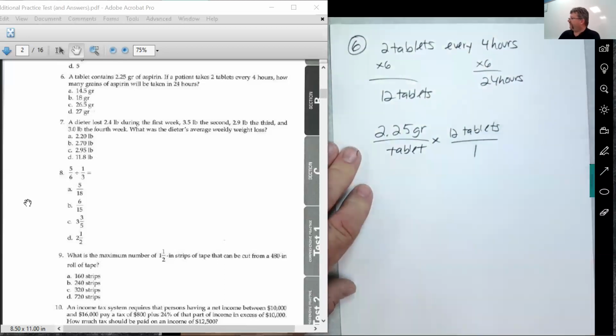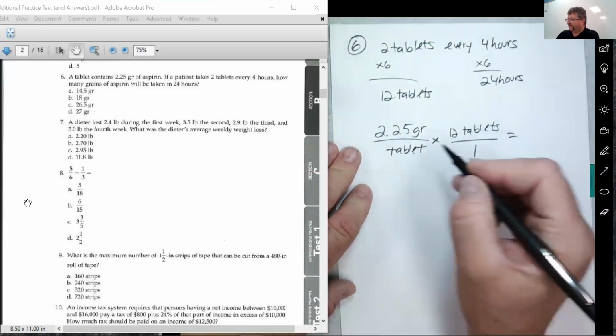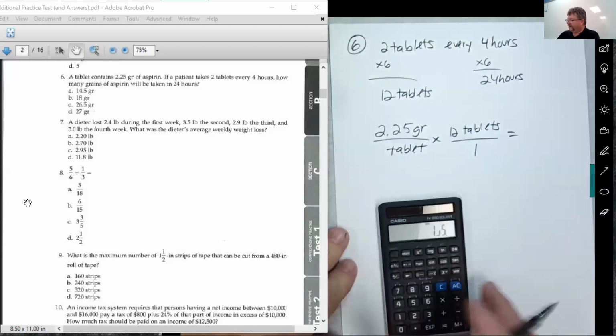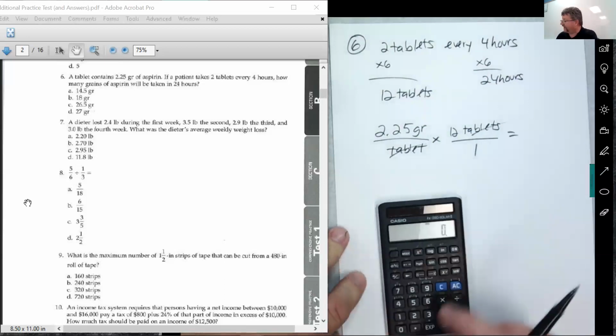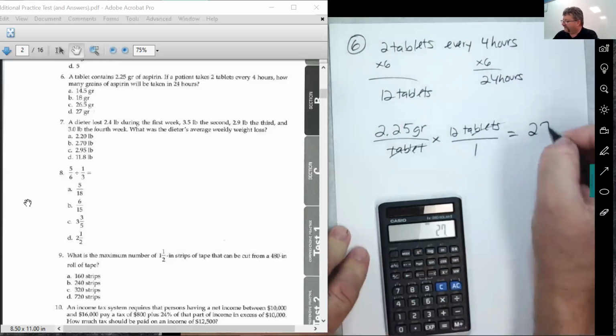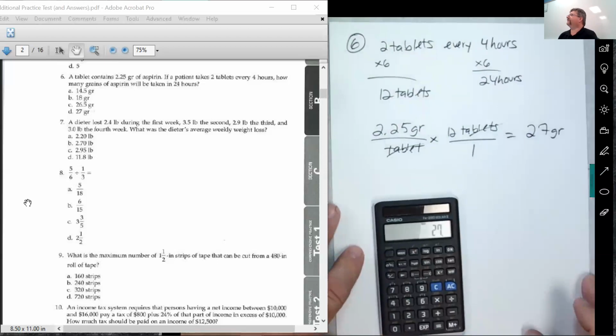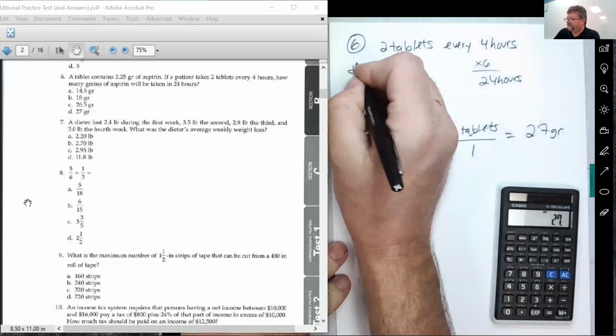That could be thought of as having a denominator of 1. So I'm just taking 2.25 times 12. Those units of tablet cancel, I'm just left with grains, and that's what I want. 2.25 times 12 equals 27. If we scope out our choices, choice D is 27.